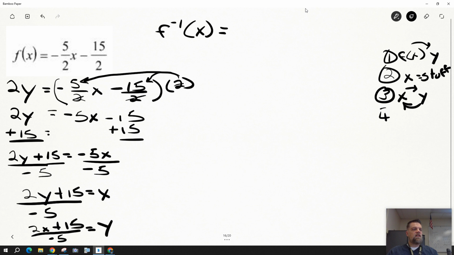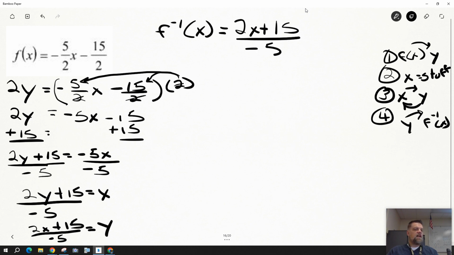Lastly, wherever there's a y, I'm going to plug in the f inverse notation. So this becomes 2x plus 15 all over negative 5.